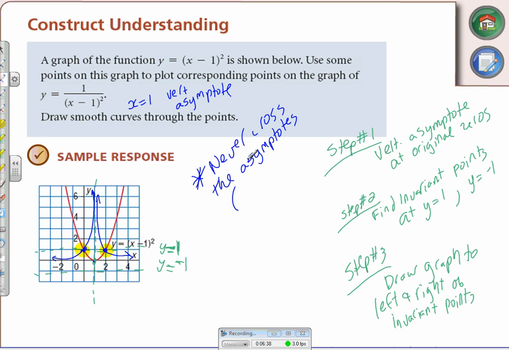So never cross the asymptotes. Vertical, which is your NPV locations, and your horizontal, which is always going to be your x-axis.